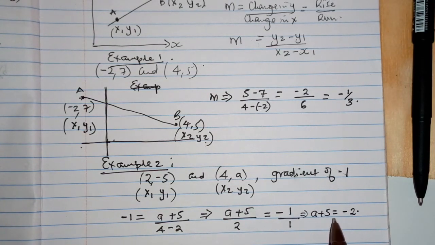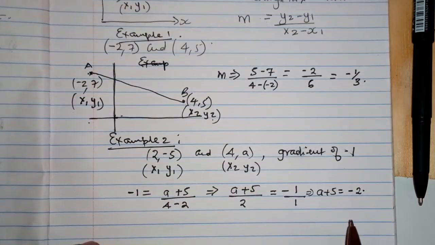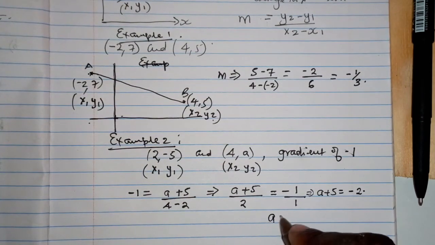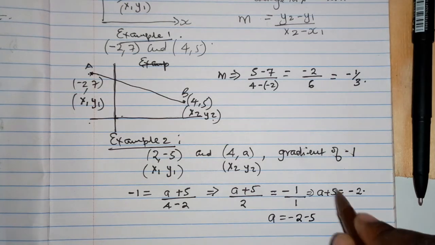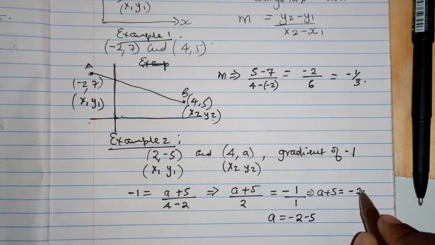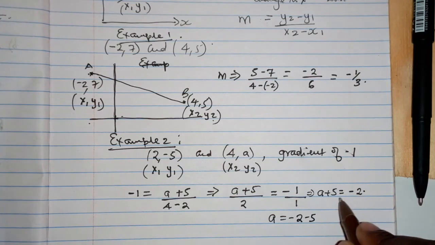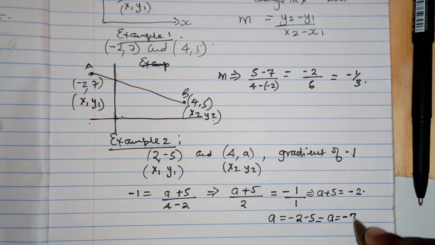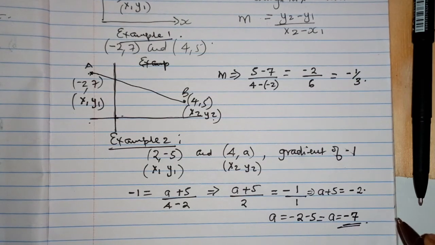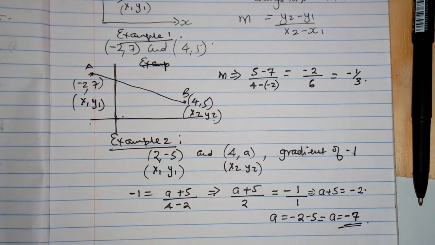If you want to make a the subject of the formula, then a equals minus 2 minus 5, because when positive 5 crosses over the other side of the equal sign, it changes from plus to minus, and our a is easily negative 7. That is our value of a.